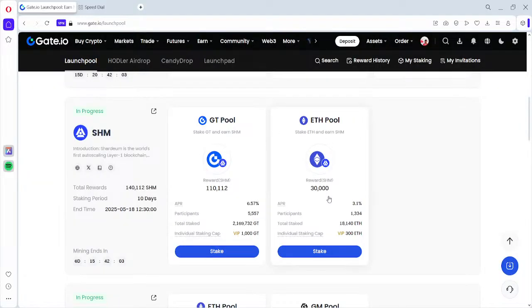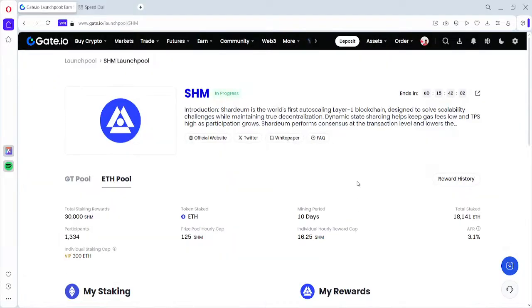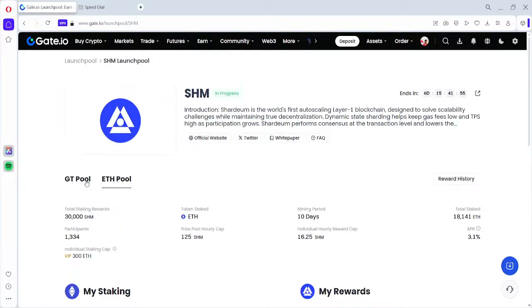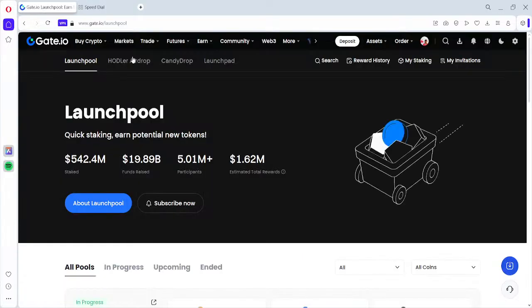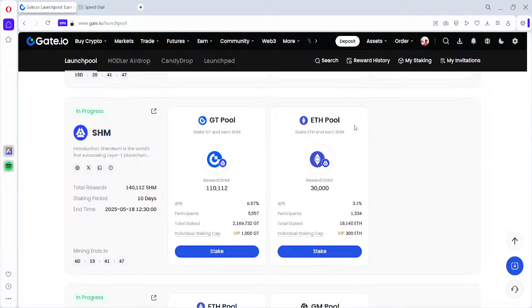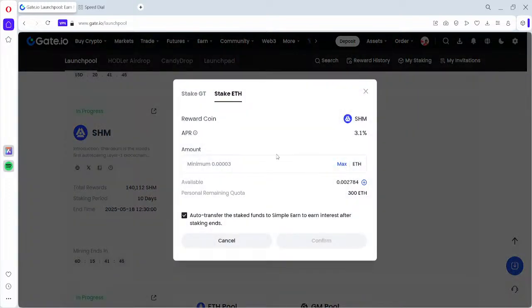For the Ethereum pool, the requirement is 0.00003 to begin staking.